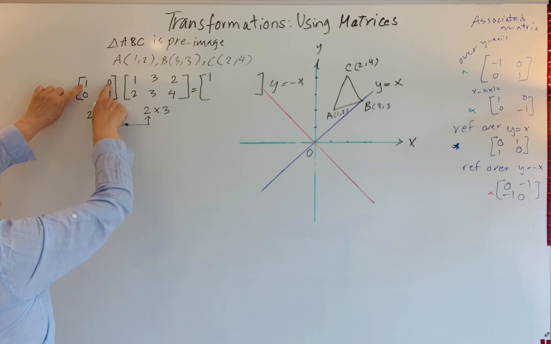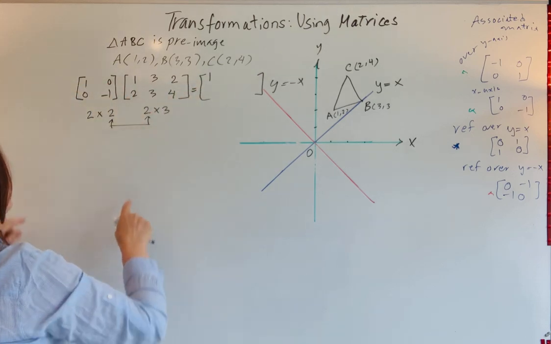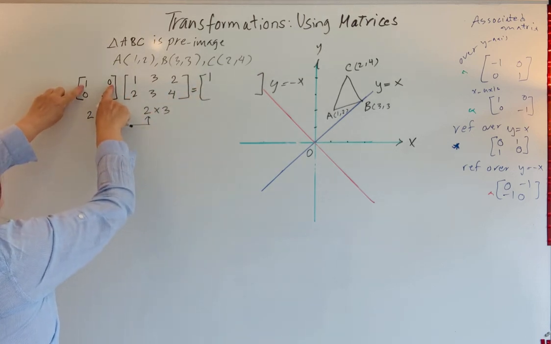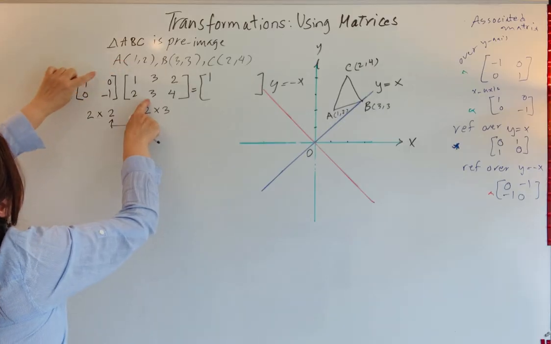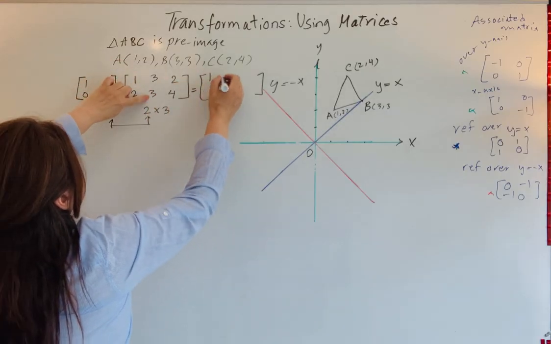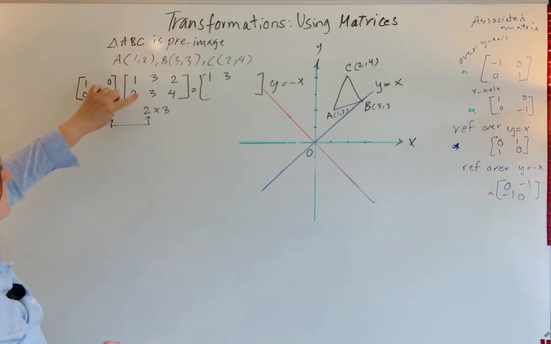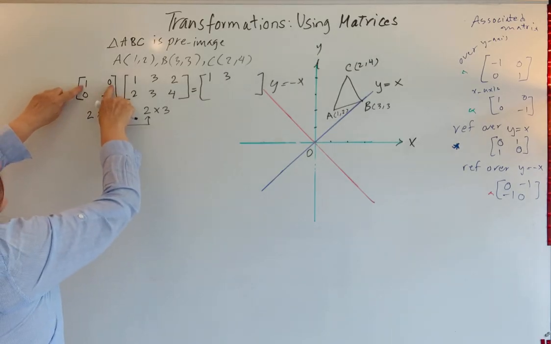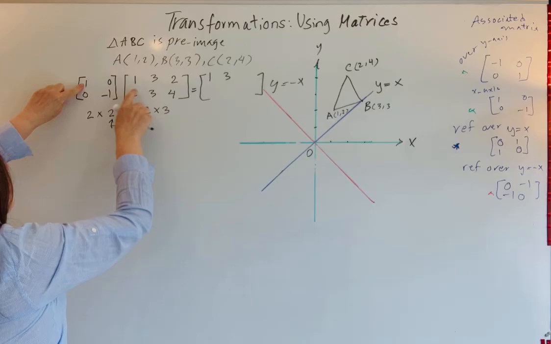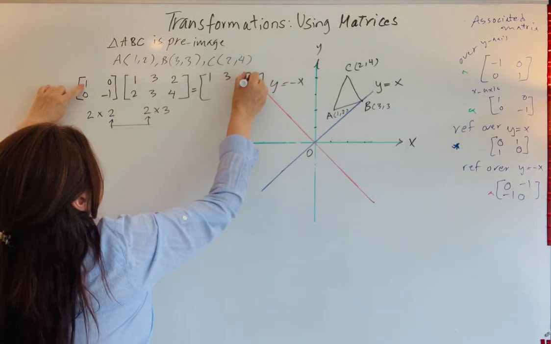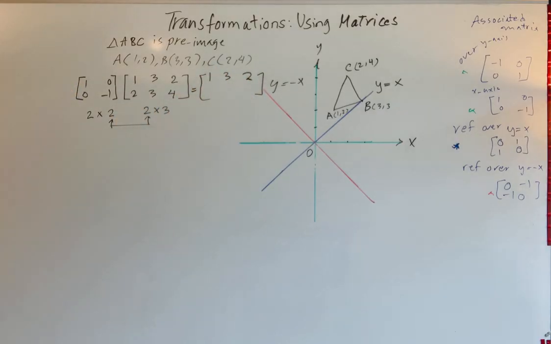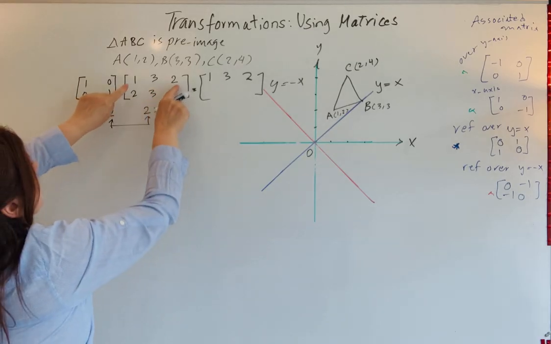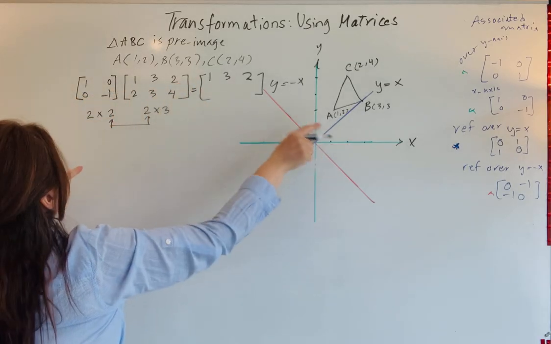Then 1 times 3 plus 0 times 3 gets just 3. How about this one? 1 times 2 plus 0 times 4 gets just 2. Right? We keep the x's, as I told you.